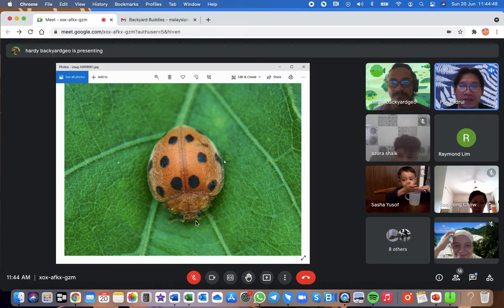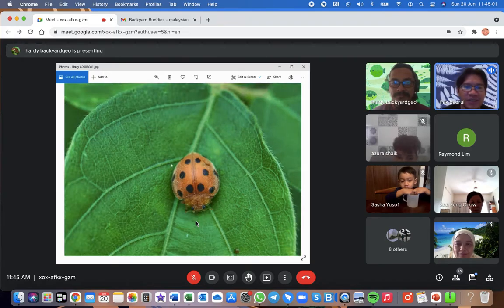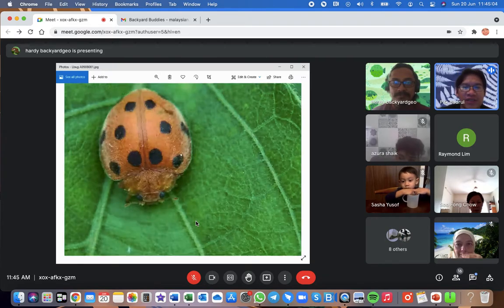Bad ladybugs chew on our plants. They are pests. But the good ladybugs eat the pests. This one species that Uncle T shows is a bad ladybug.